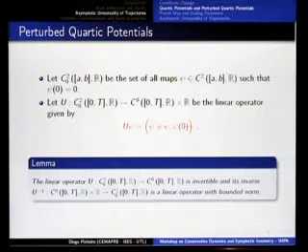The operator just computes the second derivative of psi plus some psi and fixes the initial value of the derivative. So basically that is something related to the harmonic oscillator. One of the first steps is to prove that this linear operator is invertible and its inverse is still a linear operator with bounded norm.